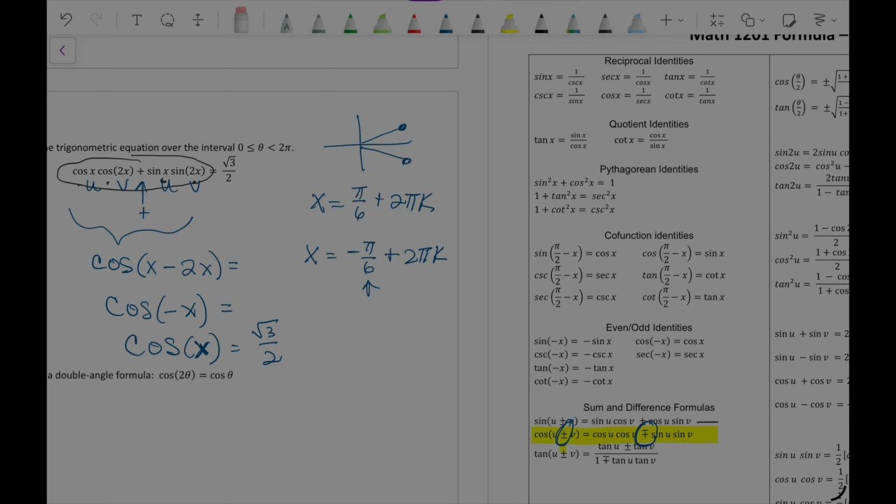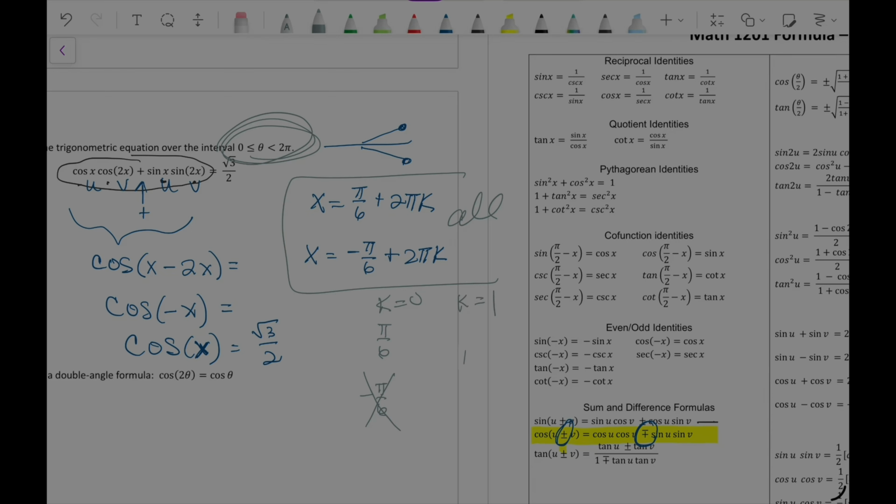All right. Now, to find all of the solutions, this is all forever and ever, right? So if we want just the solutions from 0 to 2 pi, we're going to put in different k values. If k is 0, I get pi over 6 and negative pi over 6. Well, this one is below my interval of interest, so I'm going to cross it off. If k is 1, the top one becomes 13/6 pi.